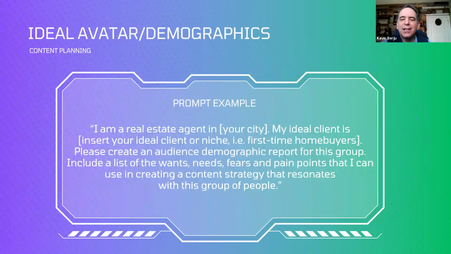So first, let's say you're planning your content and you want a content calendar that is relevant to your ideal group. So here's this prompt example that will actually do that for you. You're telling your assistant how you want it to act, and this assistant always listens. So, okay, the guessing is over. You don't have to figure it out.